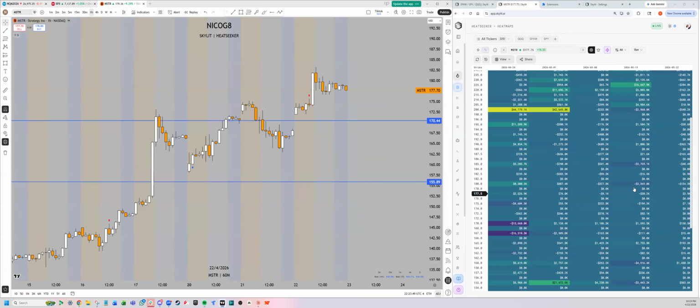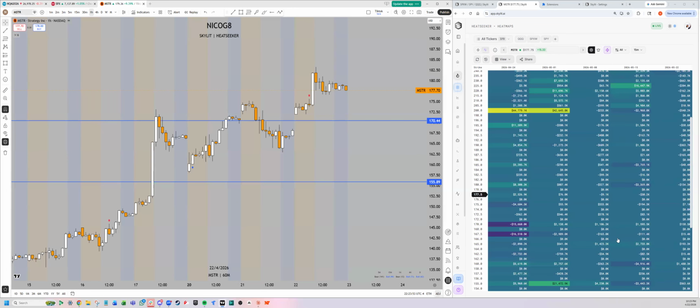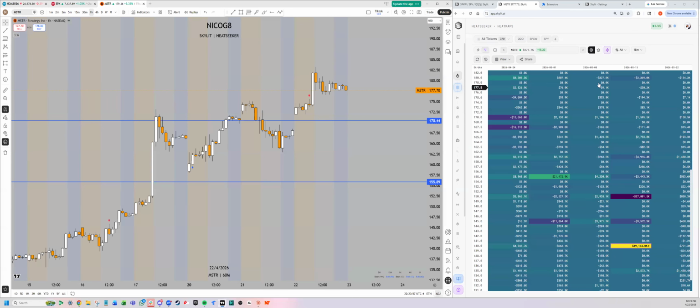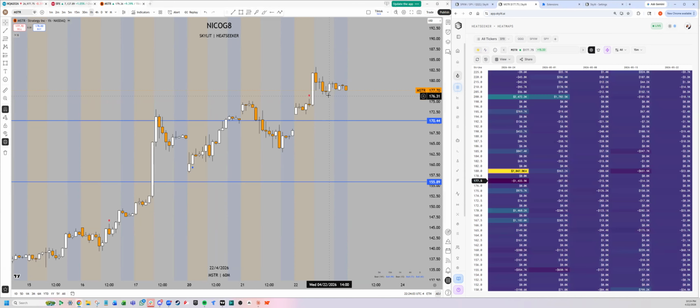Now that it's had a crazy pump, I would think this 140 keeps tailing off, 150 grows, and up here 225 grows. You would want a lot of this VEX to start rolling higher. But yeah, MSTR, 180 didn't give much of a reaction here. Maybe break retest 180. I don't like trading MSTR though, I'll be honest.